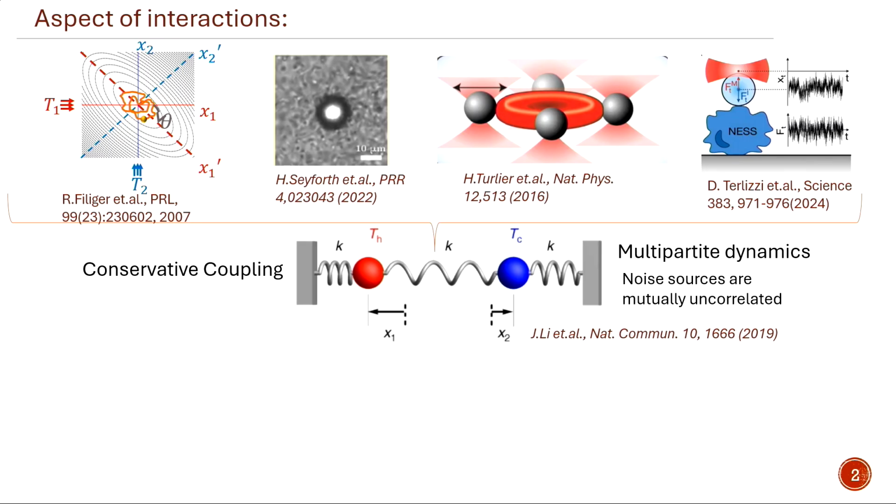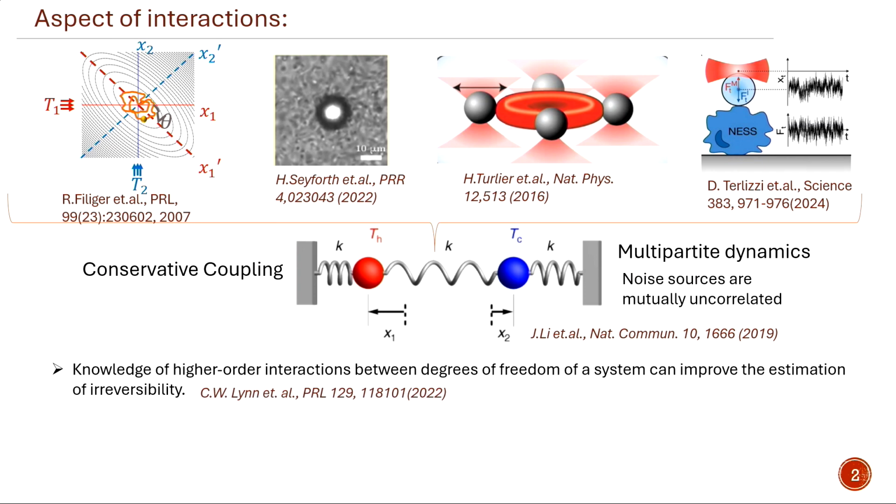And most of the time we consider the noise sources involved in this simple dynamics to be mutually uncorrelated. So these types of systems are multipartite. For this type of system, we know that if we can measure this type of higher order interaction, we can estimate the dissipation of such a system in a better form.